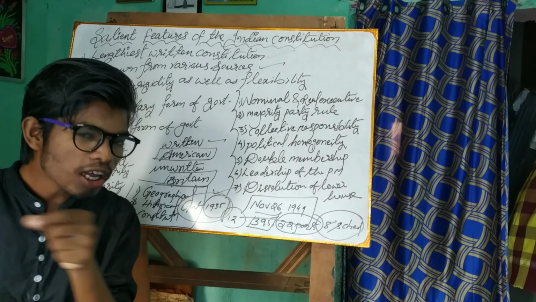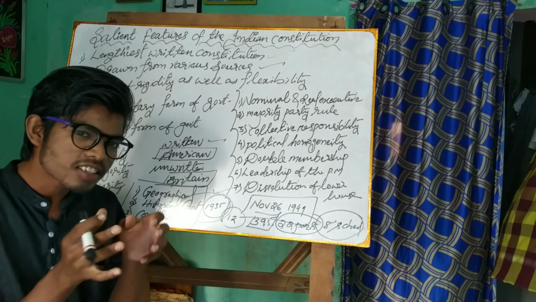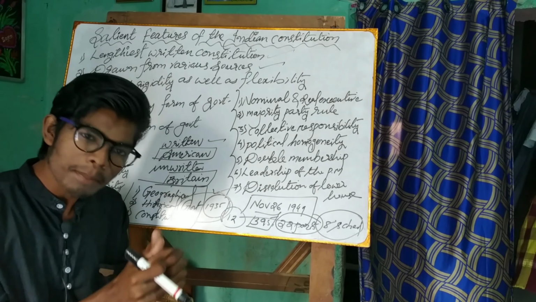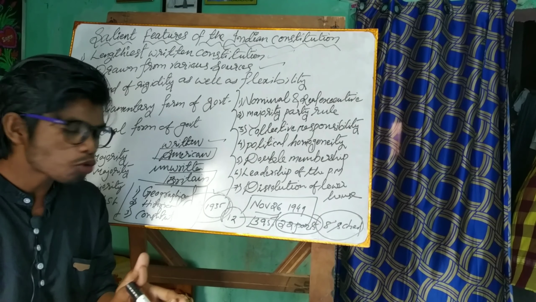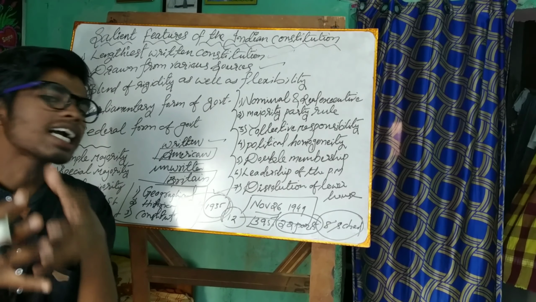So what about the political part of the Indian Constitution? The political part is derived from the British Constitution. That is the principles of the cabinet and the nature of the relation between the legislature and the executive organs of the government.